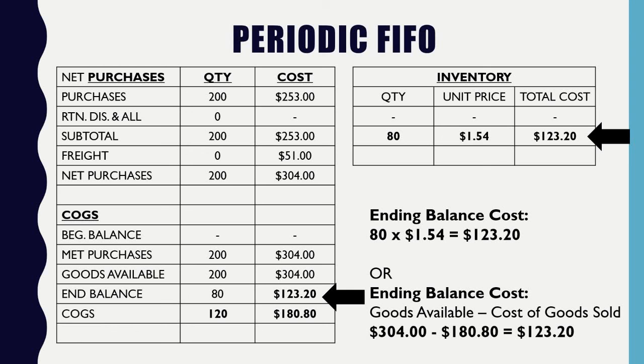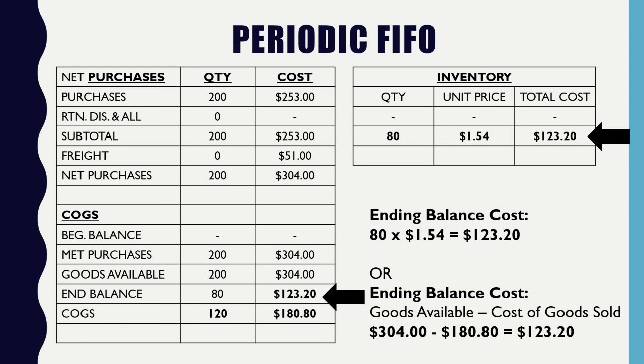Oh, I was doing it in my head. Yes. So again, simple, easy, straightforward. Ending balance cost is going to be 80 times $1.54, which is 123.20, or you can take the 304, subtract the 180.80 to get 123.20.